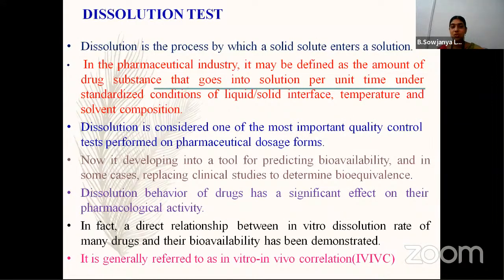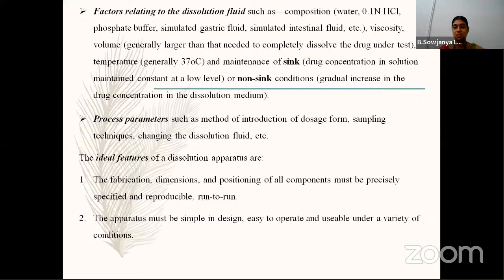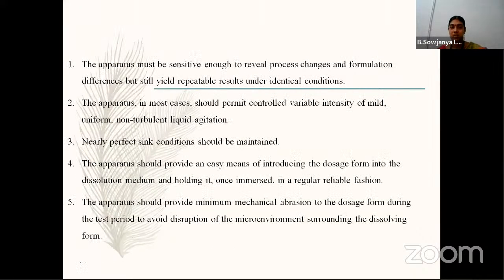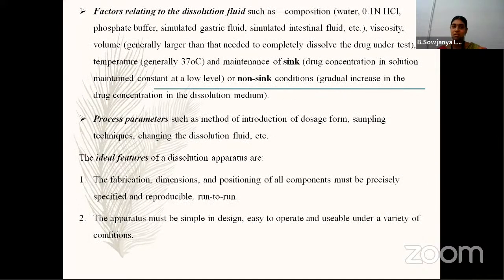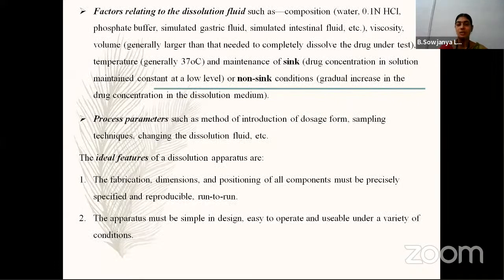And finally, the dissolution process is simply the mass transfer of solid substances into the solution. Here there are only 3 factors, right? The dissolution factors, the dissolution fluid and the process parameters.